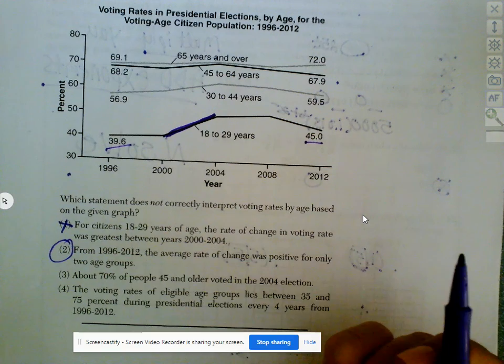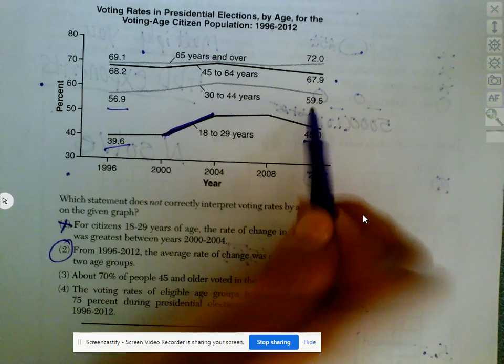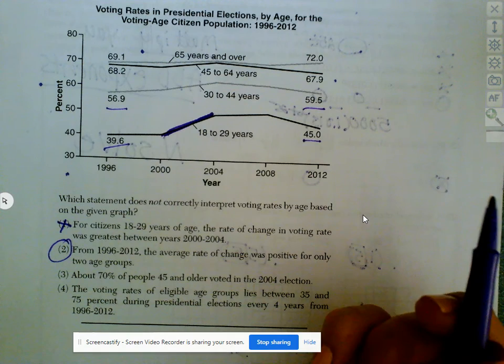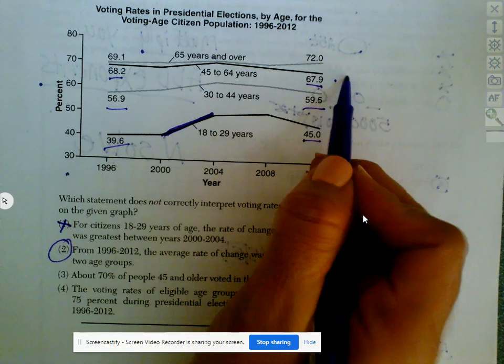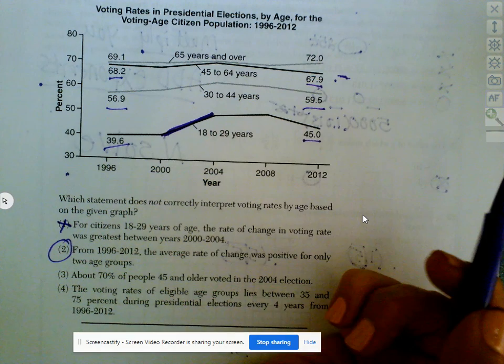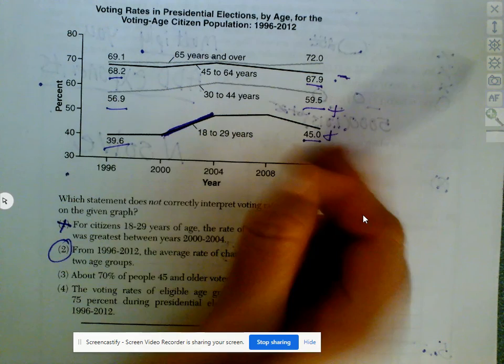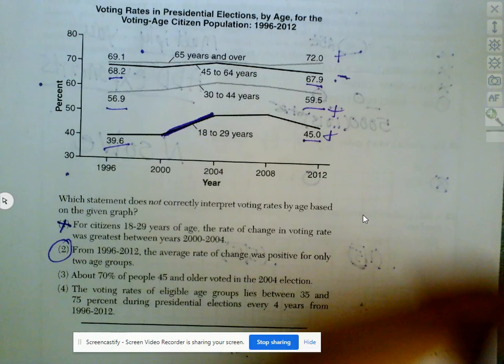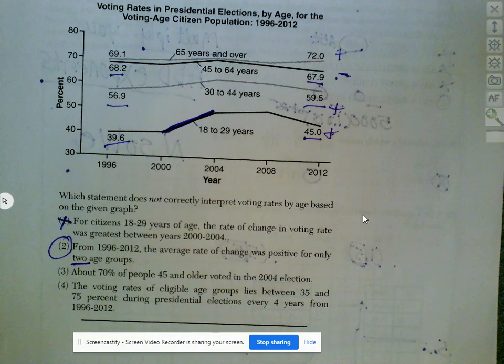So that's positive, because 39 to 45. 56 to 59 is positive. 68 to 67, that's a negative, so that doesn't count. So we have a plus here, a minus there, and 69 to 72, that's a plus as well. So it's positive for 3 of them. So that makes this one false because it says 2 age groups. So that means the rest of them would be false.